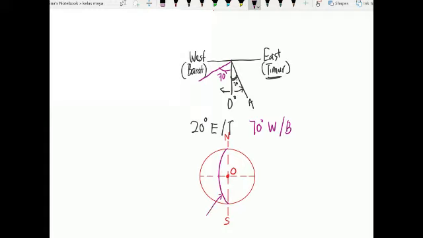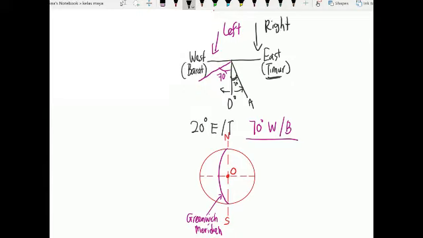You have to know the Greenwich Meridian is 0 degrees. For 70 degrees west, you must remember west will be on the left of the Greenwich Meridian, just like this. This will be the left side, and this one will be the right side of the Greenwich Meridian, 0 degrees.